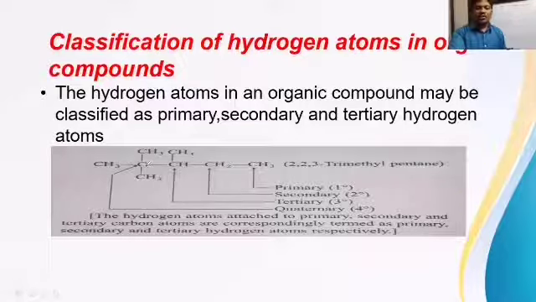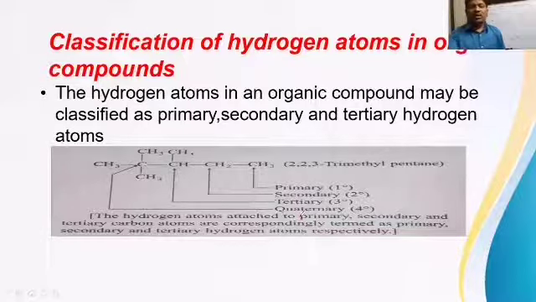So 4-degree hydrogens are not possible to exist. And this carbon is directly attached to 3 other carbons. So it must be called 3-degree carbon or tertiary carbon atom. So like this we have primary carbons, secondary carbons, tertiary carbon atoms and quaternary carbon atoms.